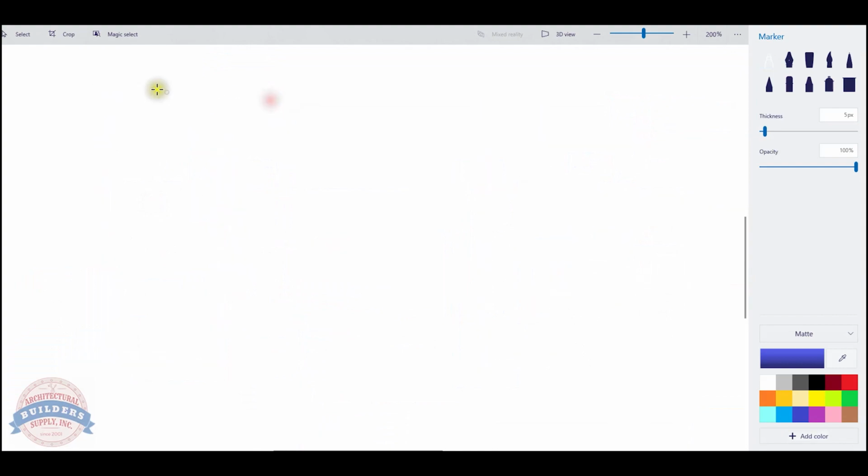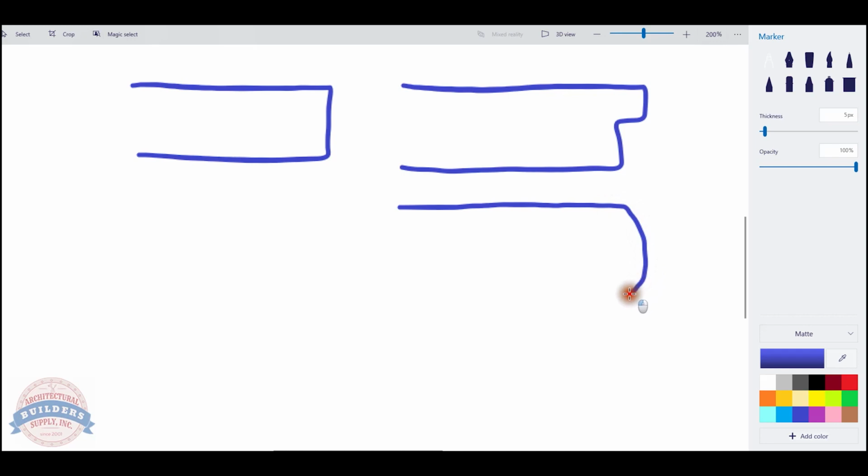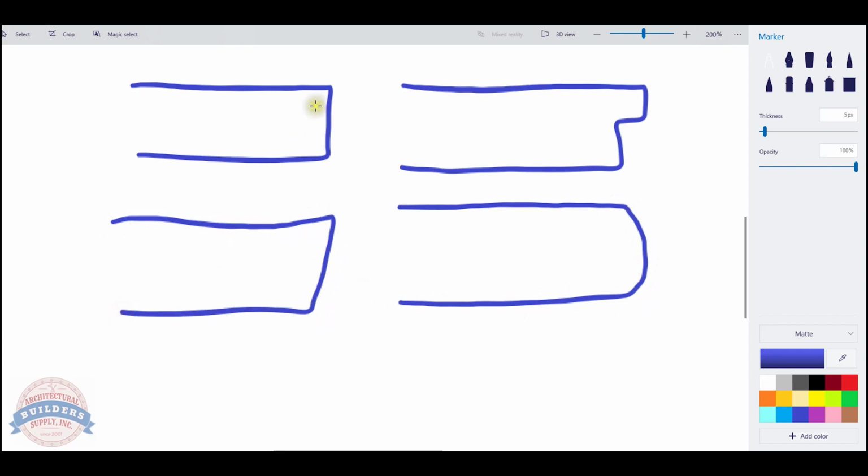So what I'm drawing here is 4 door styles: square edge, rabbited edge, radiused edge, beveled edge.